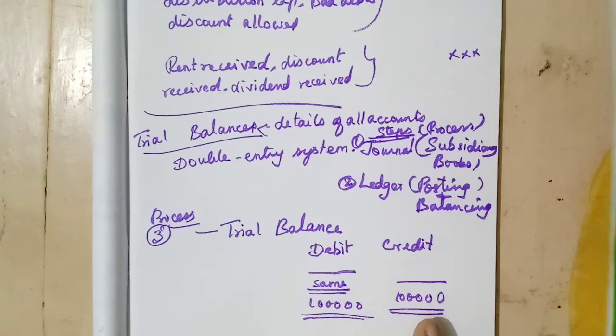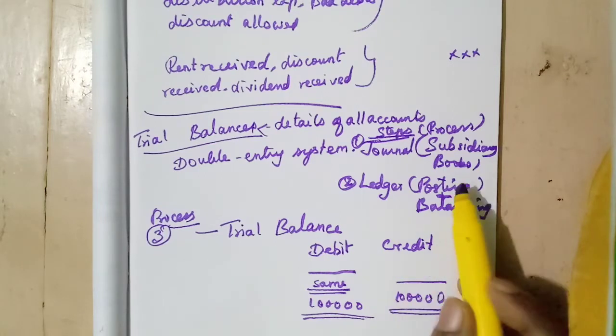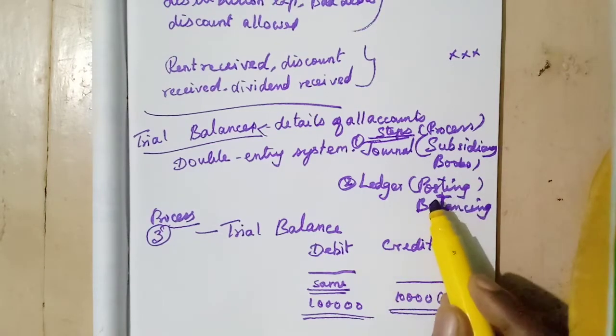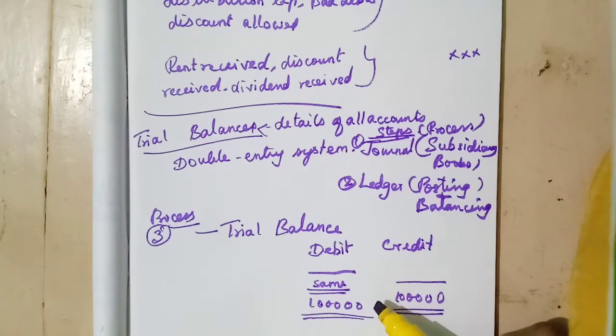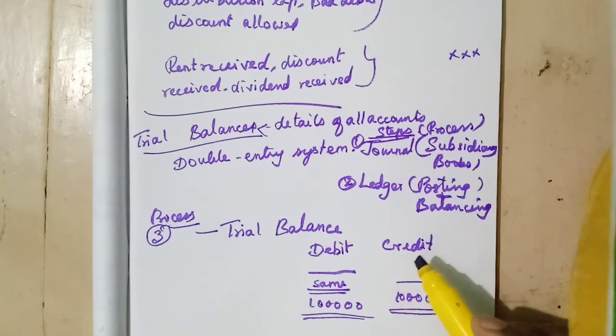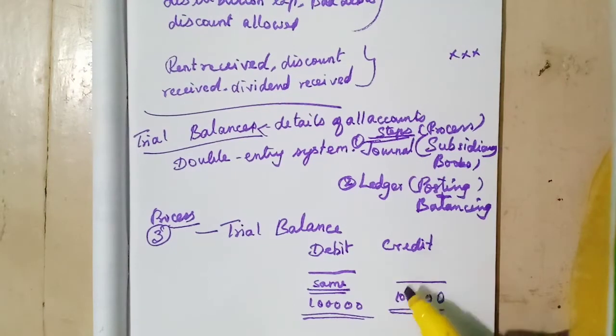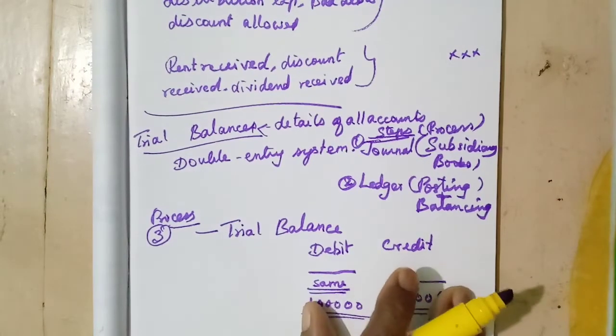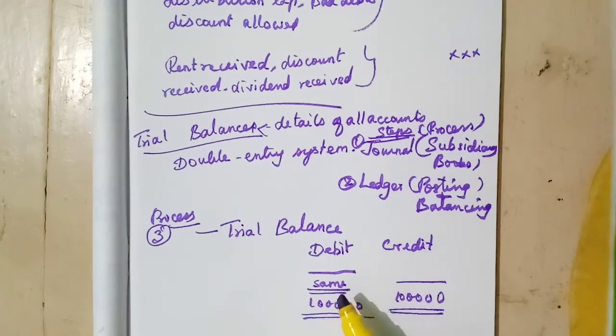So we have prepared the journal entries and posted them in the ledger accounts, and from there we have entered all the accounts here. But we cannot conclude at a stretch that our calculations are correct, because if we omit one full transaction, it has one debit and a corresponding equal credit, isn't it?